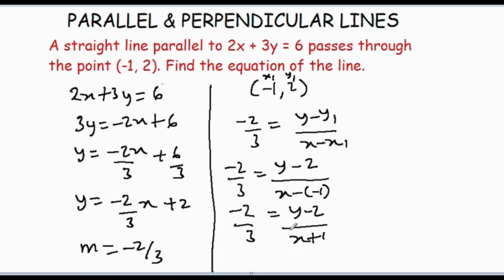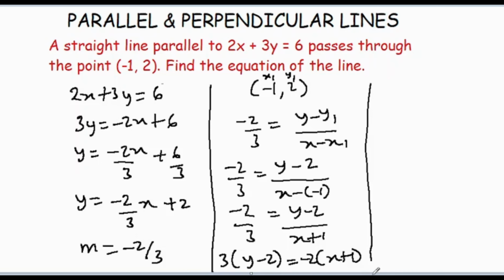So we're going to cross multiply at this point. We're going to have 3 brackets y minus 2 equals negative 2 brackets x plus 1. Alright, so let's open the bracket. So we have 3y minus 6 equals negative 2x minus 2.